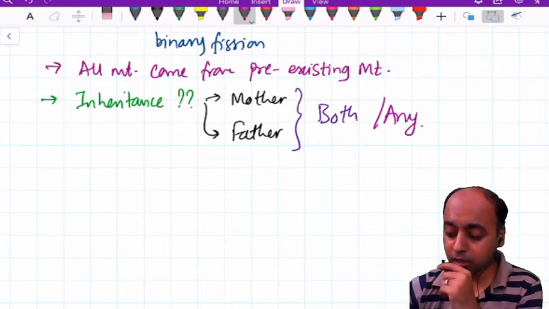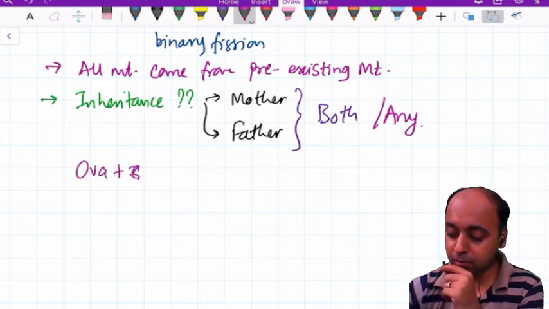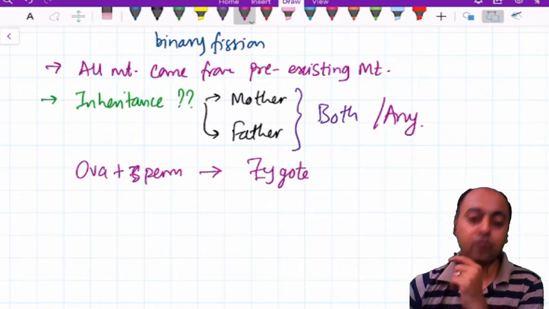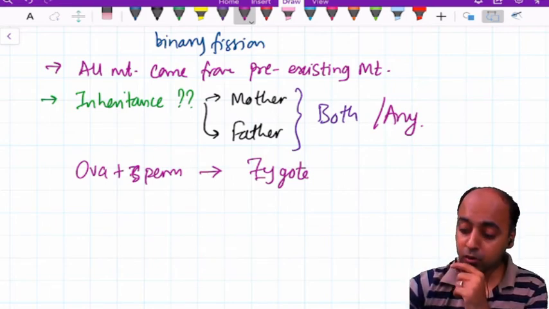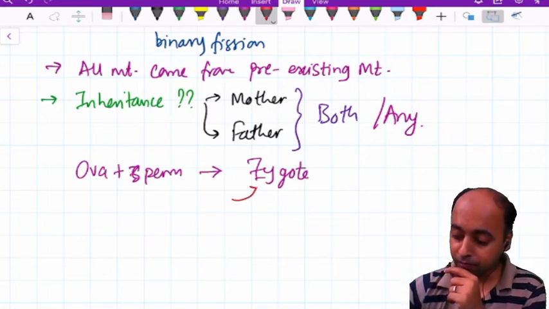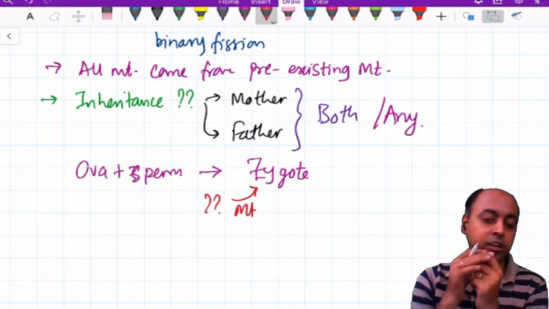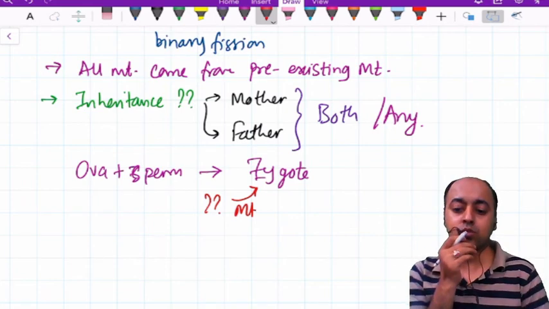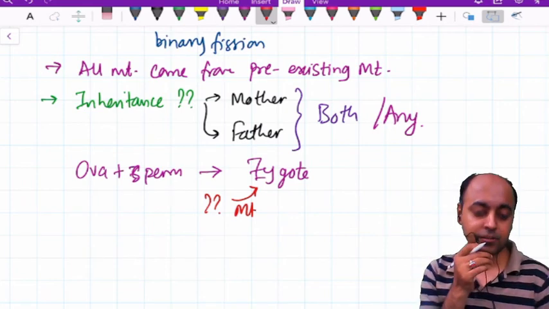Means when the ova and the sperm combine to form the zygote, from where is the mitochondria coming? Quickly tell me the answer. From where is the mitochondria coming when the two combine? Very good.